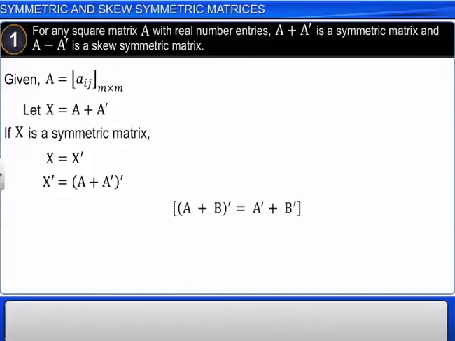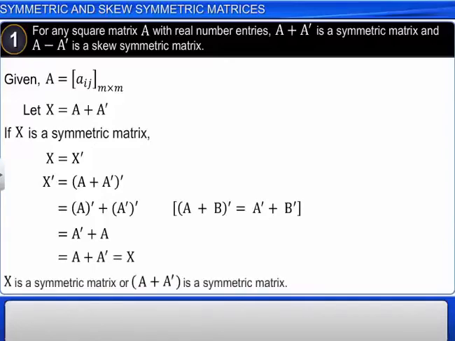Using the properties we have seen earlier for transpose of a matrix, we can see that the right-hand side can be represented as shown. This implies the right-hand side is equal to A transpose plus A. This indeed is equal to X. Therefore, X is a symmetric matrix, or A plus A transpose is a symmetric matrix.